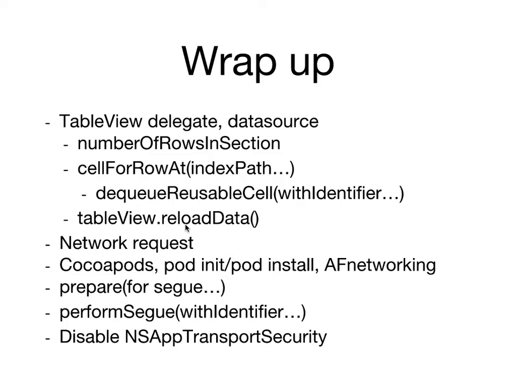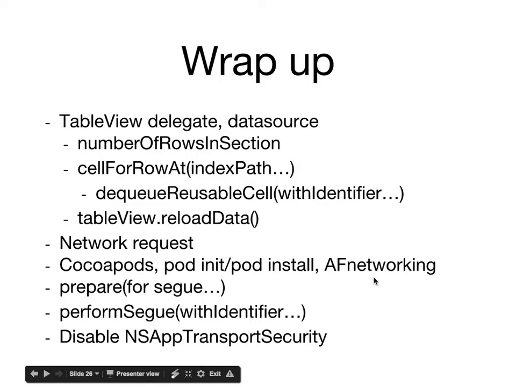After we get the data from the API, we have the network request. That one is just a snippet of code. Just copy the code and it should work. CocoaPods, we talked a little bit about that: how to use pod init, pod install, and this is the very first library we use.